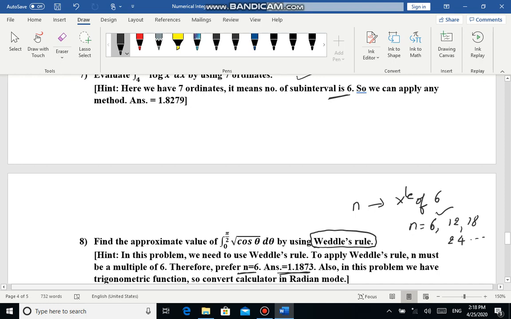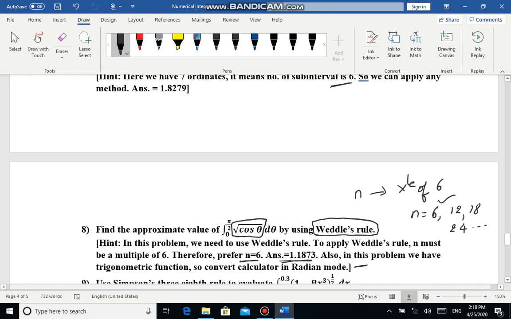1.1873. But one important thing is the function having a trigonometric function. So your calculator should be in radian mode. Remember this, when the function involves a trigonometric function, your calculator should be in radian mode to solve problem number 8.